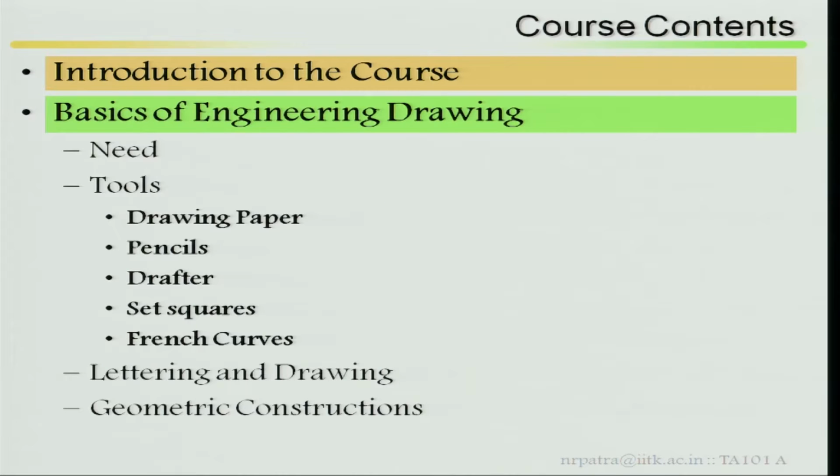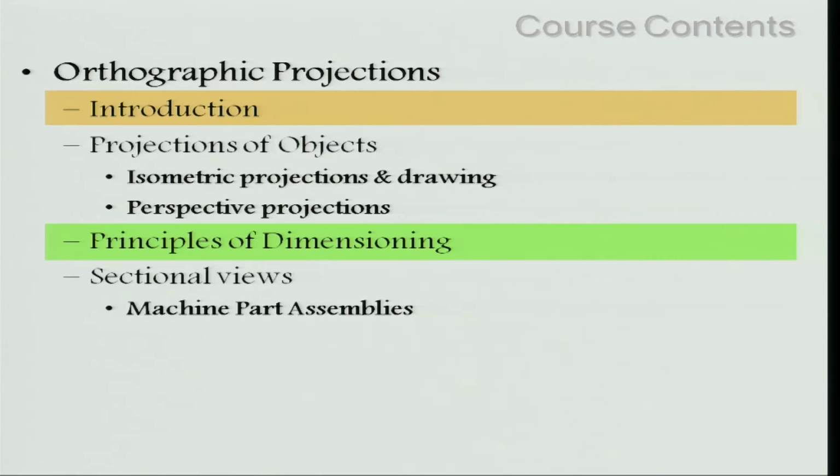Basic engineering drawing: what are the need and different tools, drawing paper, pencil, drafter, set squares, French curves, then lettering and drawing, geometric constructions. Geometric constructions means parabola, ellipse, curves, different geometric constructions.